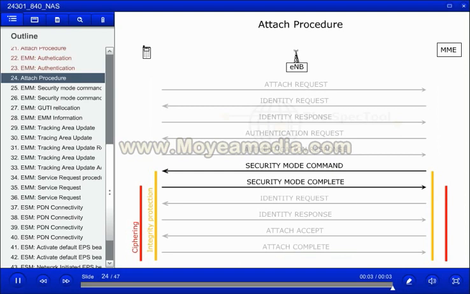The UE responds with a security mode complete message, which will be both ciphered and integrity protected. All signaling messages after the MME has received the security mode command message will be ciphered and integrity protected with the selected algorithms.